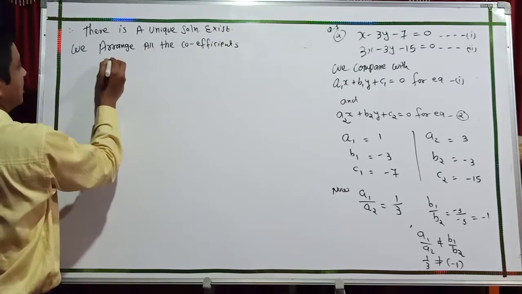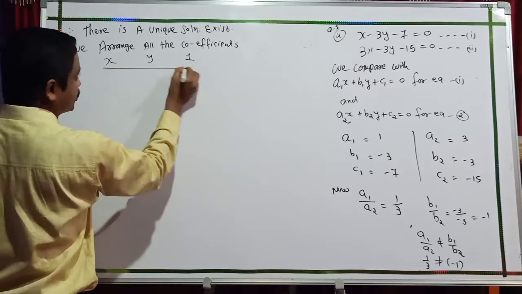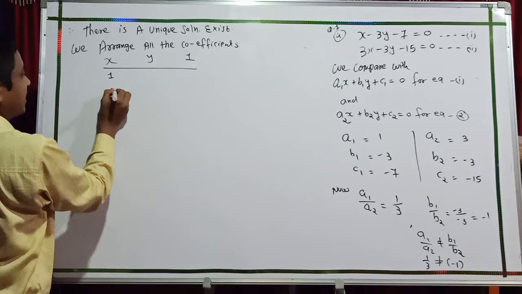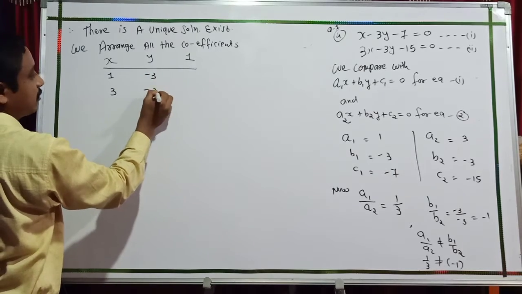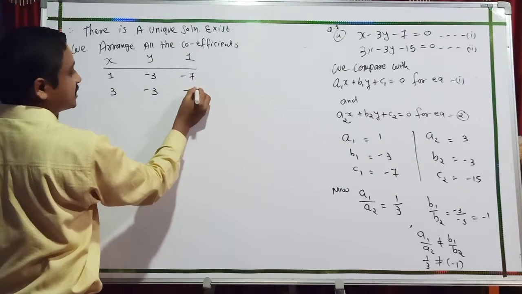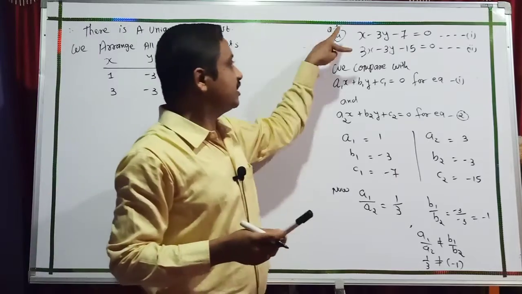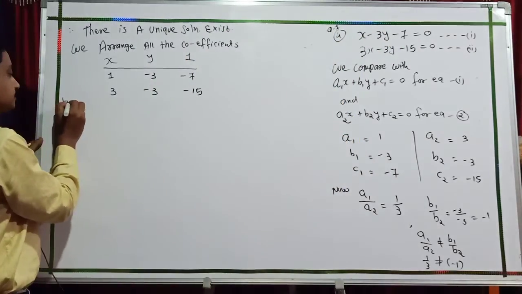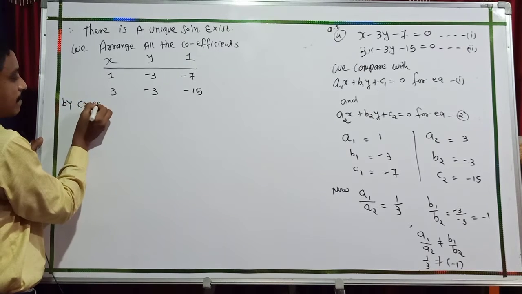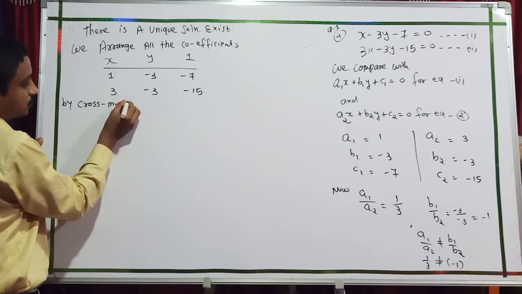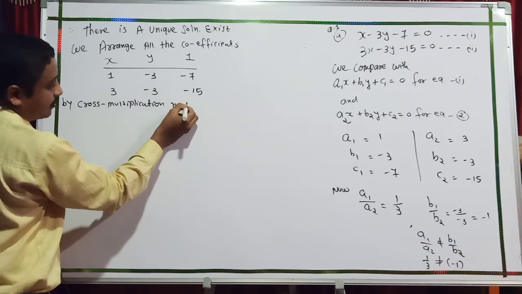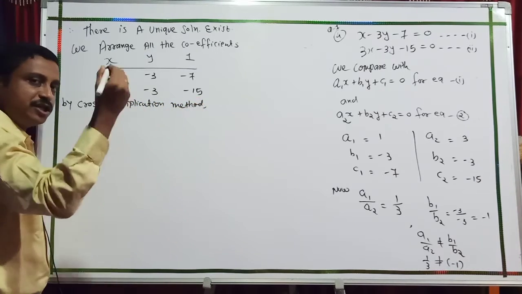So, students, you write down the coefficients in this form. What are the coefficients there? 1, 3 for x, minus 3 and minus 3 for y, and minus 7 and minus 15 for the constant. This x, this y and this constant. Continue by the cross multiplication method. Again I explain deeply, students.